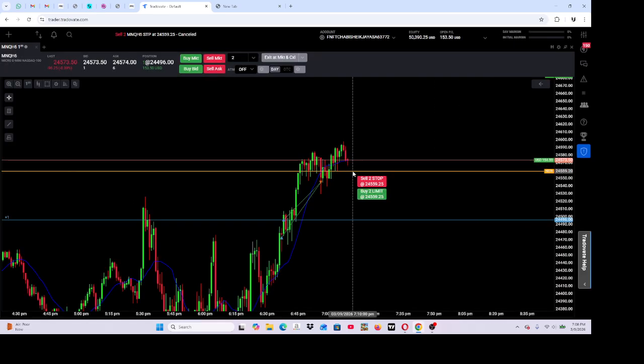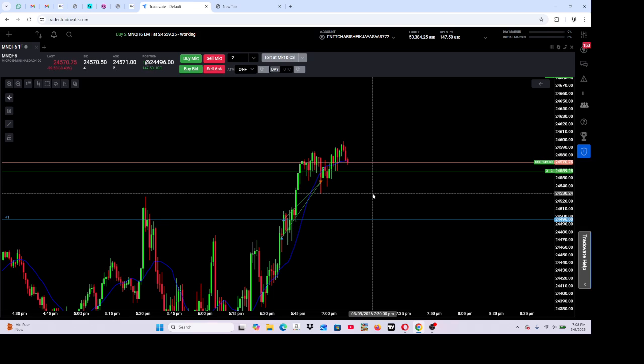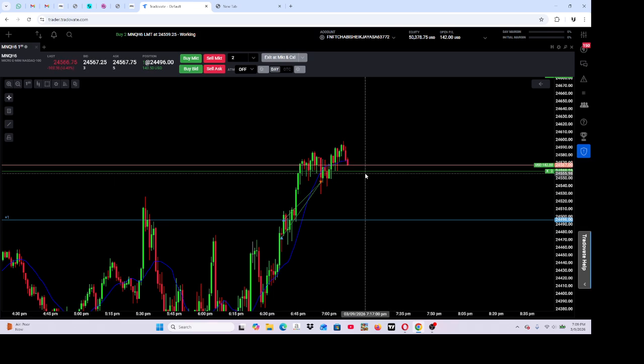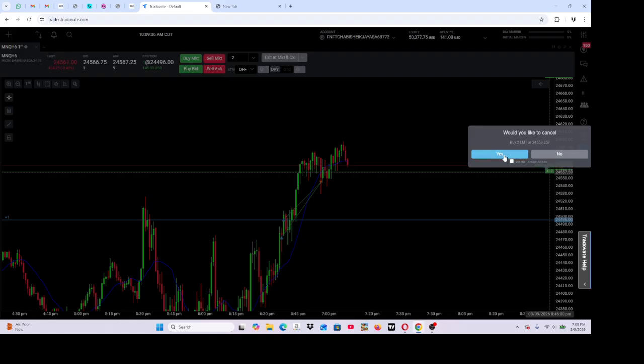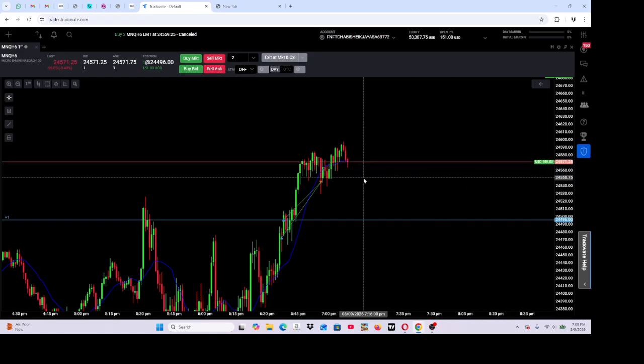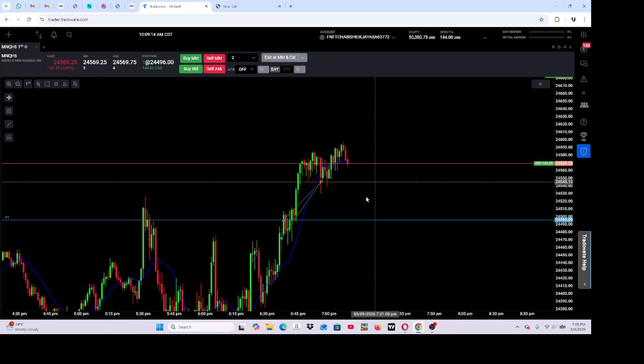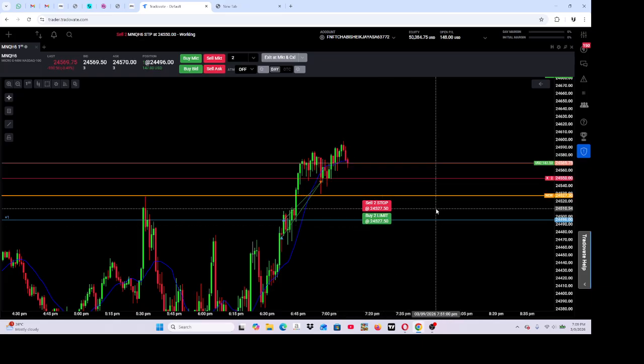Instead, I want to buy two limit here. Or would it be not? This is dragging out. Stop loss underneath these lows.